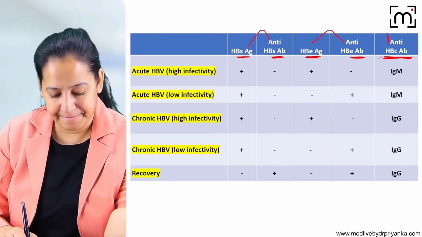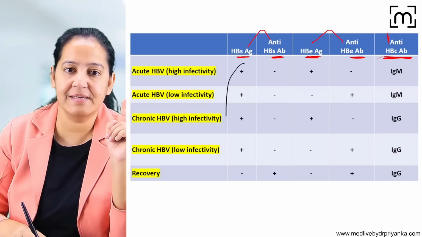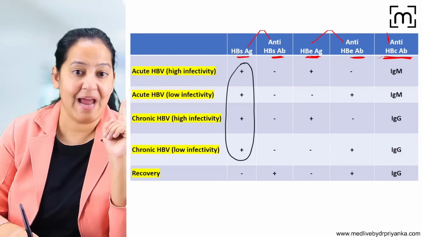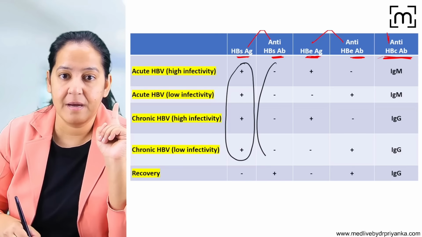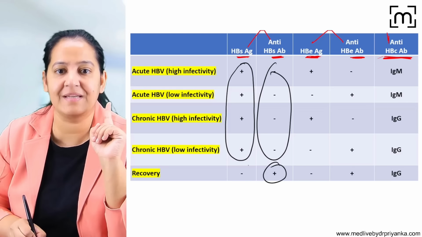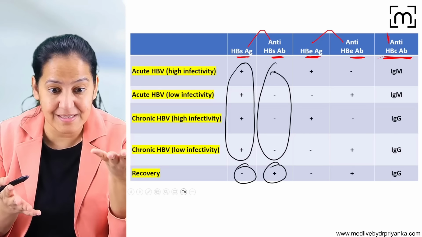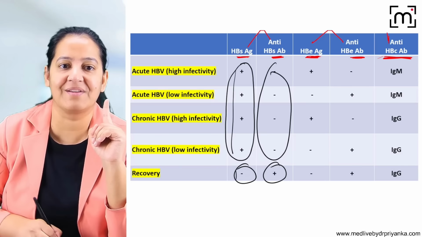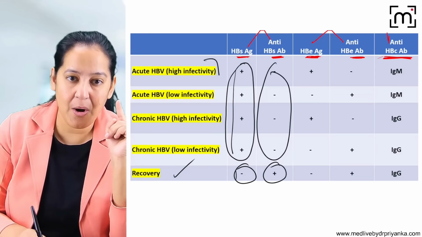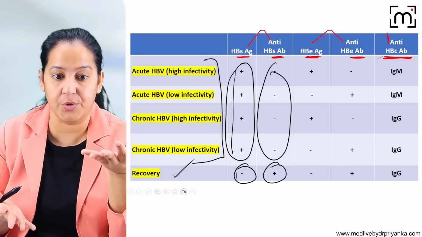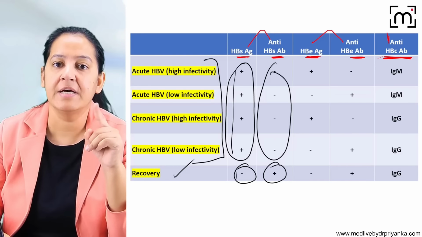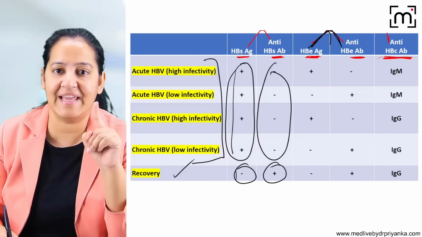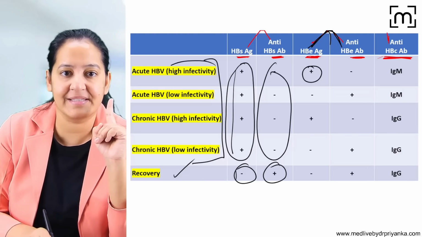See here, in the first ones, the S antigen is present and antibody is absent. But in the last one, antibody is present and antigen is absent. So what does S represent? Either infection or recovery. So they all have infection. The last one is the recovery. My next question to you: is it high infectivity or low infectivity? That will be decided by E. If E antigen is there, that's high infectivity.